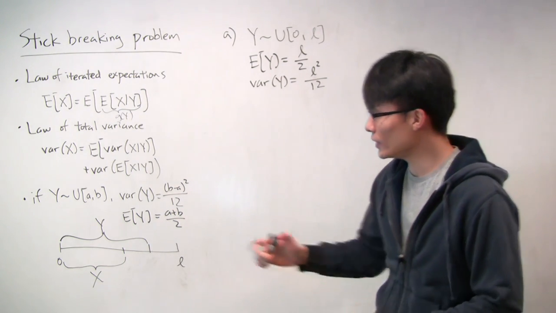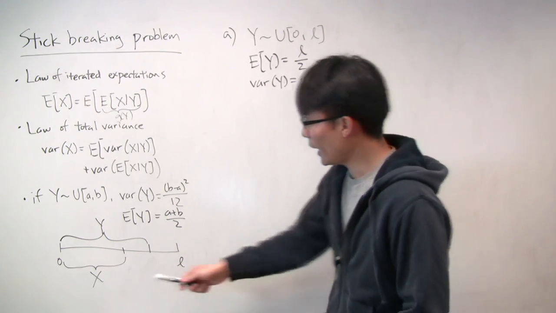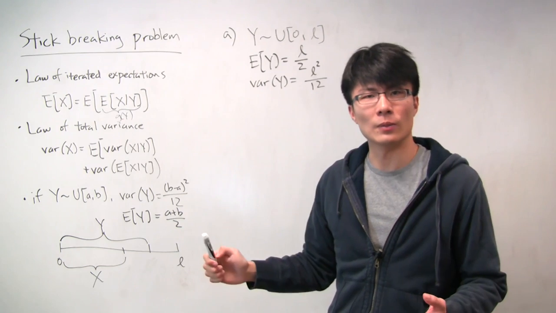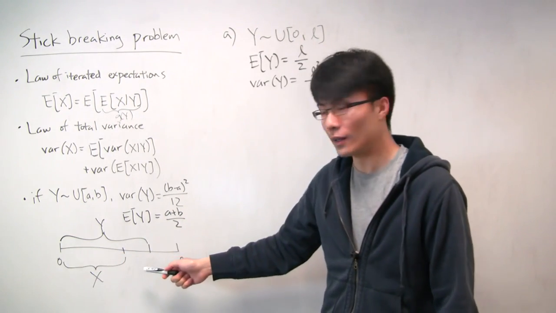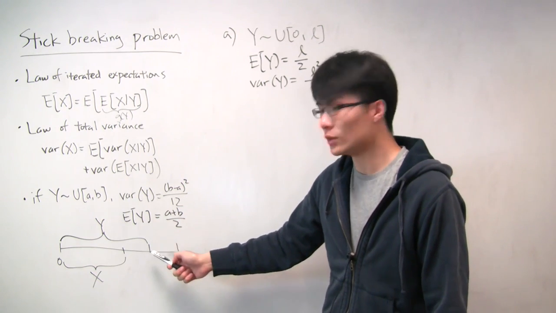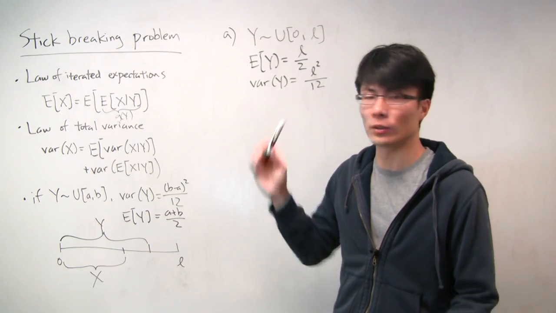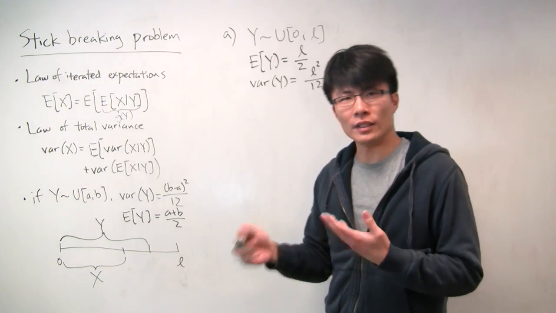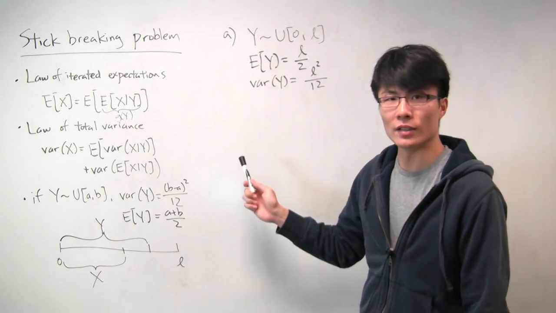But unfortunately, calculating the expectation and variance of x is not quite as simple, because x isn't just uniformly distributed between 0 and some fixed number. It's uniformly distributed between 0 and y, wherever the first break was. But where the first break is, is random too, and so we can't just say that x is a uniformly distributed random variable. So what do we do instead? Let's pretend that we actually know what y is.